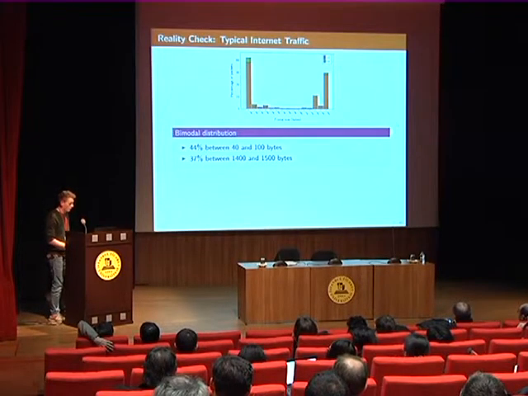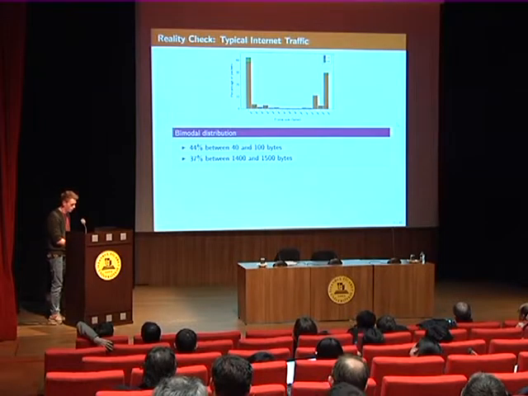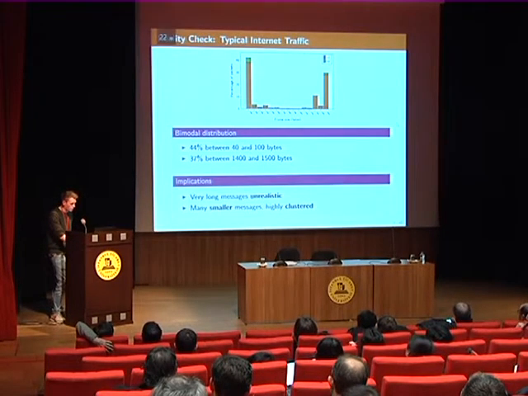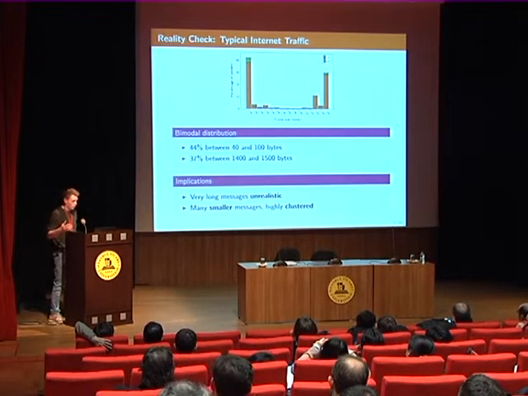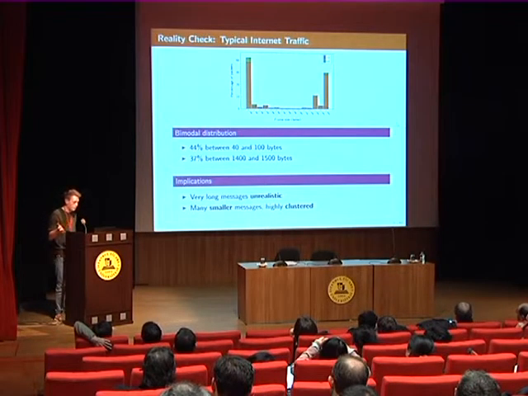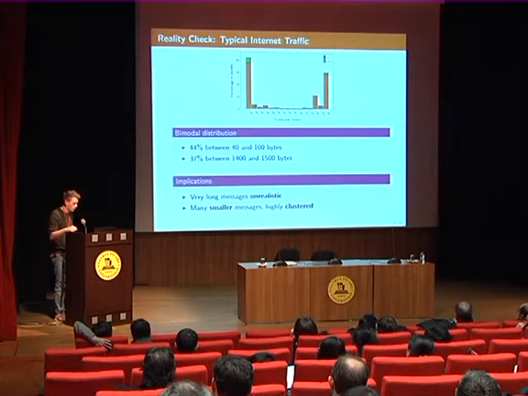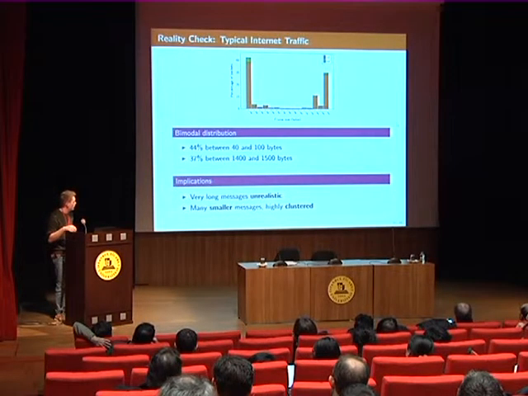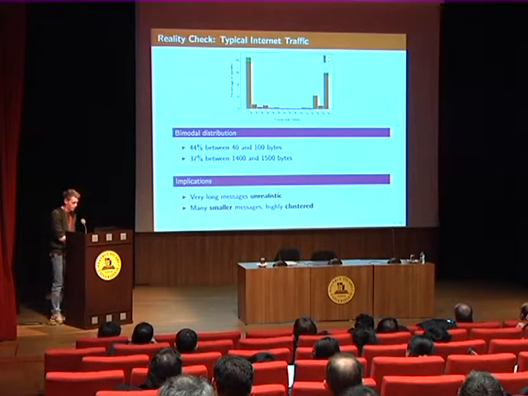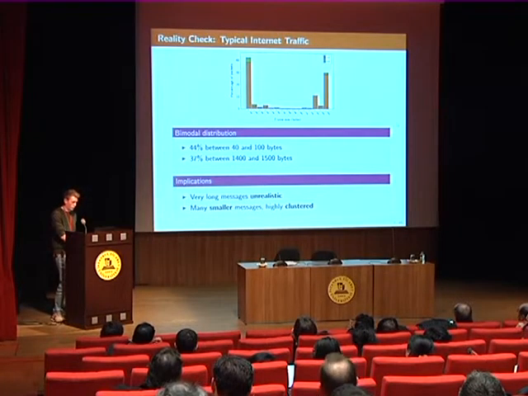And then the remaining 19% are somewhere in between. Some are a little bit longer also. And the implication of this is, of course, that we don't really see these very, very long messages that people sometimes use for benchmarking in the wild. In fact, what we do see is that we have many smaller messages available, and these tend to be highly clustered.